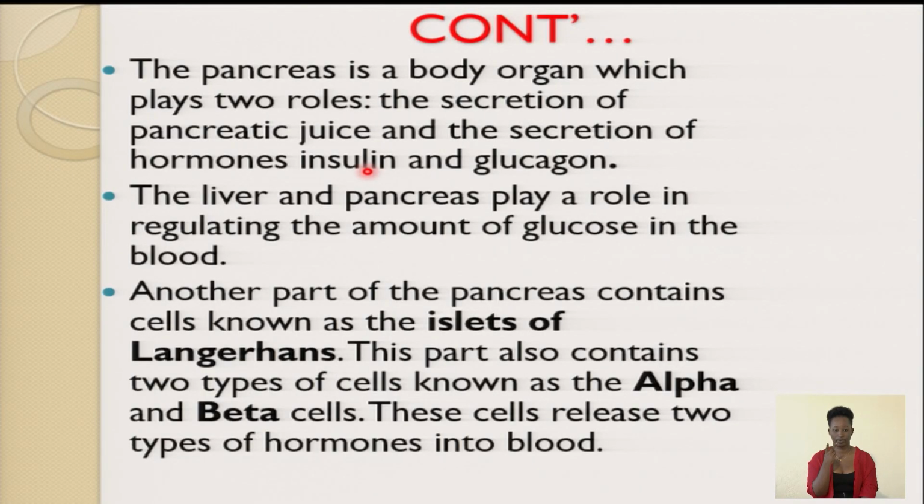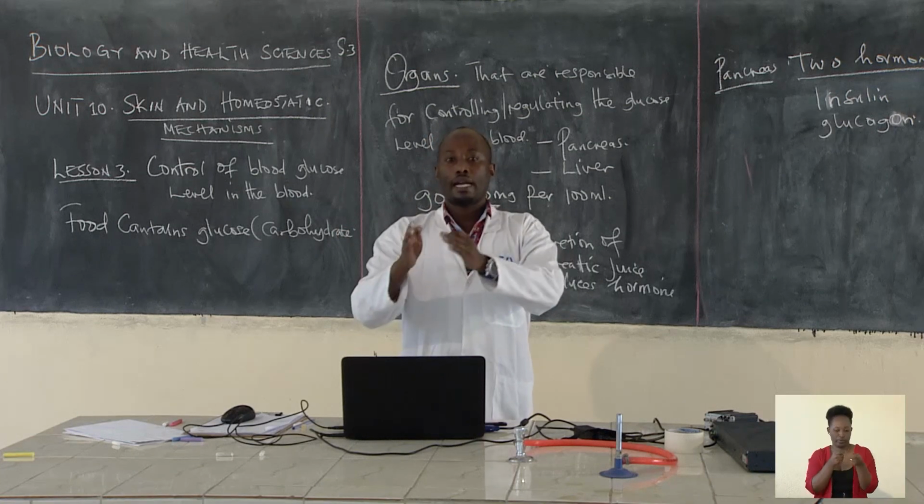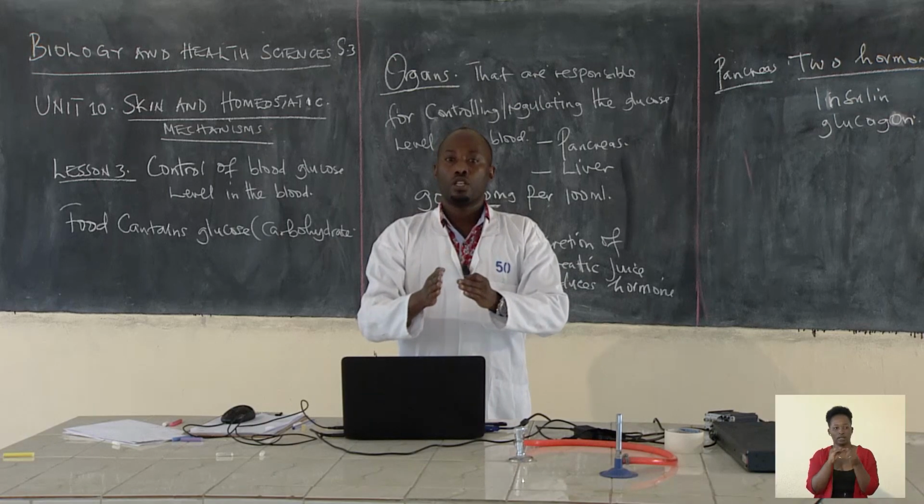The liver and the pancreas play a role in regulating the amount of glucose in the blood. So get me very well. The 2 organs I'm talking about are the pancreas and the liver. These 2 organs work antagonistically to regulate, to balance the amount of glucose in the blood.